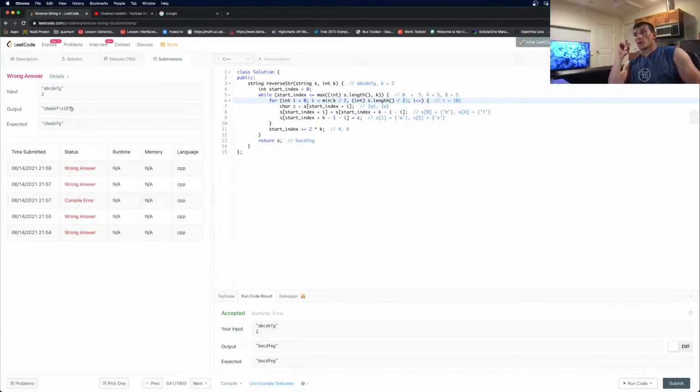So it should technically be the minimum between k and half of the residual length, which is... can I do this one? I wonder. It should be minus start index, right?